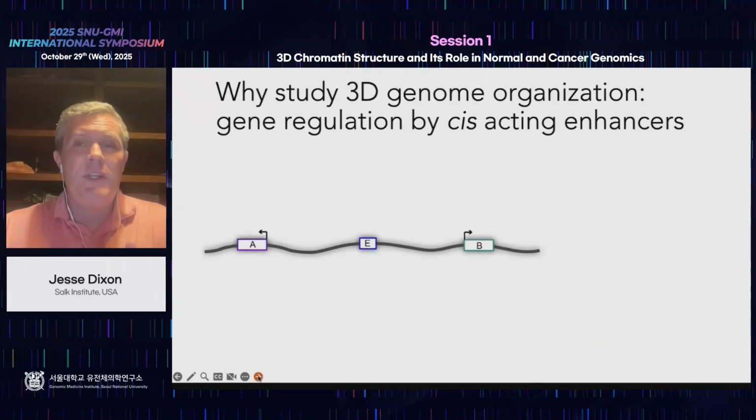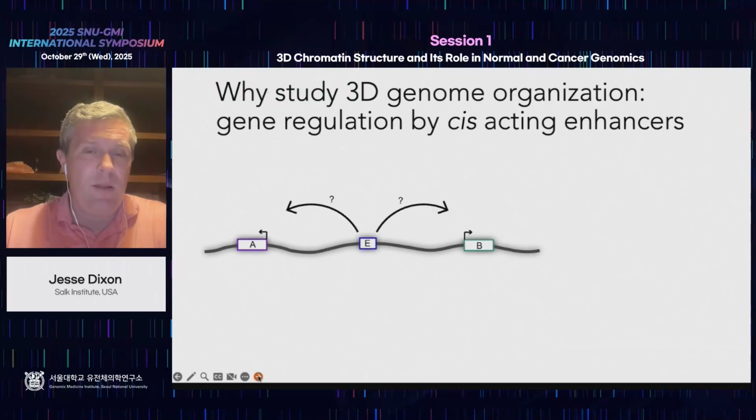This question of gene expression and how it relates to genome organization is really why I ever got interested in this problem in the first place. It's a very typical problem: if you're interested in regulatory elements and you're using genome-wide tools for mapping these, you'll inevitably come to situations where you identify something like an enhancer or other regulatory element in the genome.